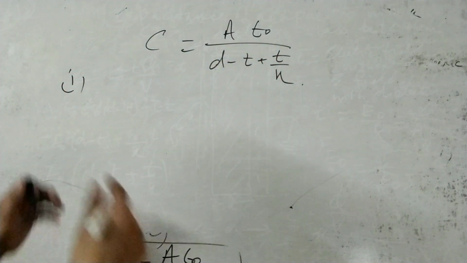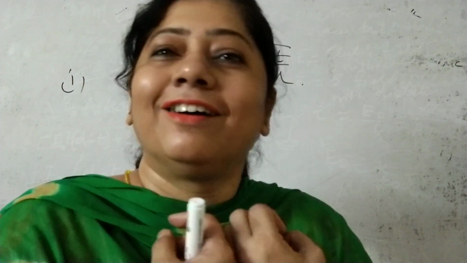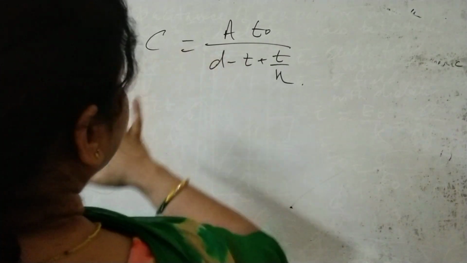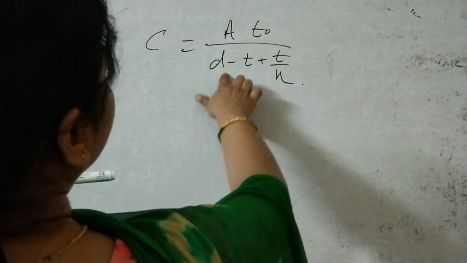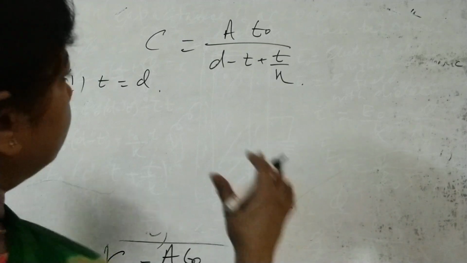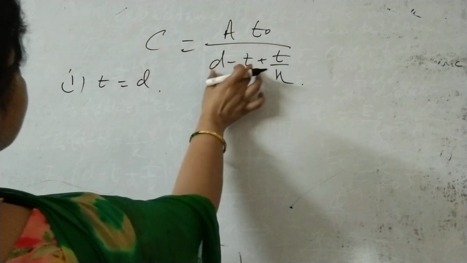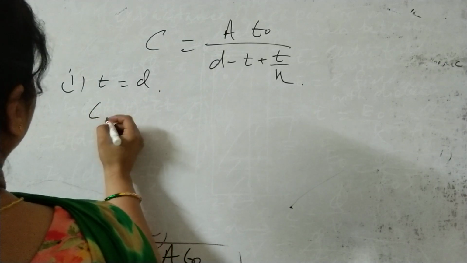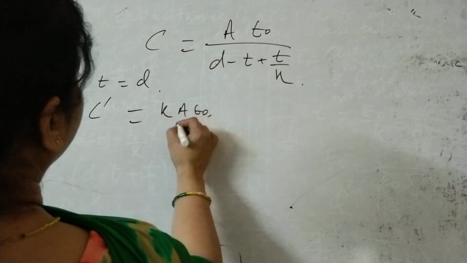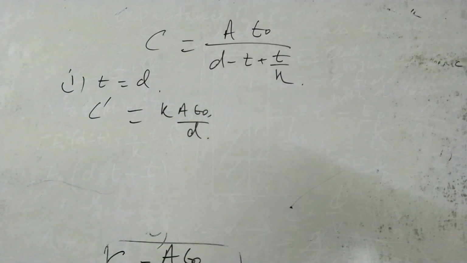Case 1: if the slab is full of dielectric, meaning there is no space left and it is completely filled with dielectric, then D will be equal to T, so the terms cancel out. When the whole capacitor is filled with the dielectric, I will write C dash, which is equal to K A epsilon naught divided by D. So it becomes K times the initial value.